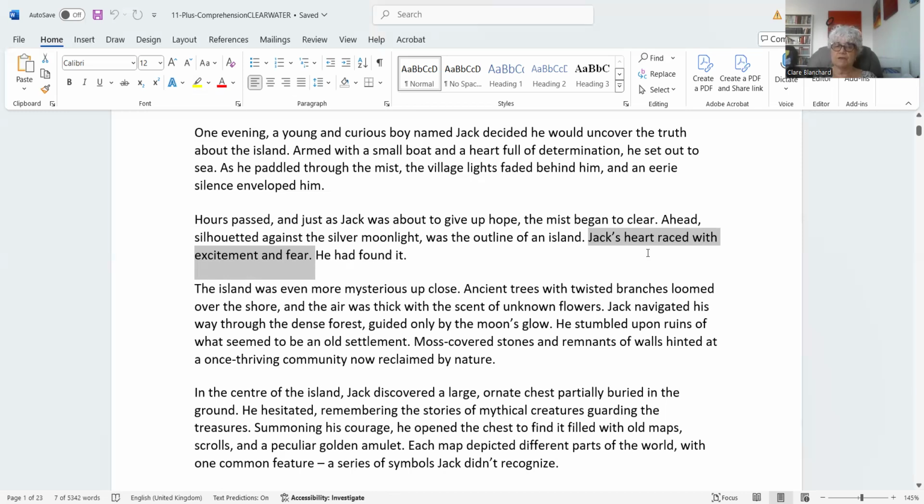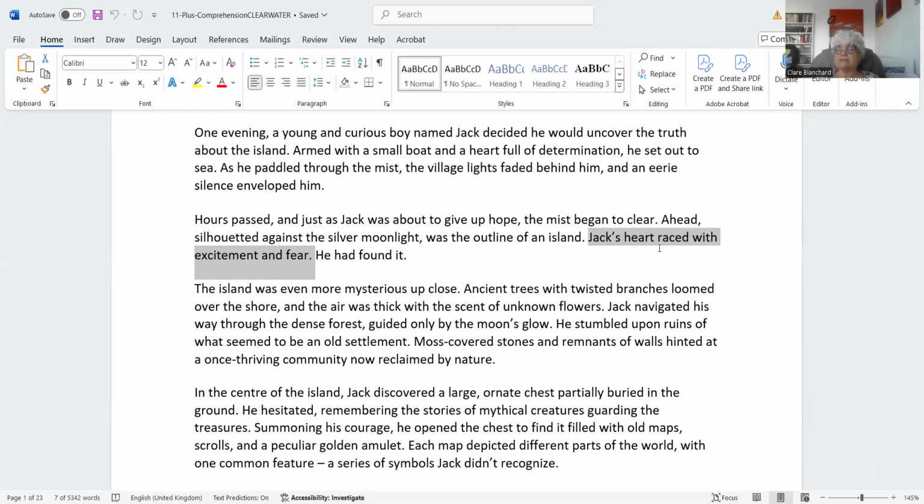So the author is showing us how excited Jack is by describing his heart as racing. Well, of course, a heart can't race because it doesn't move. So what we've got here is a metaphor, the use of a metaphor to describe Jack's excitement and fear.